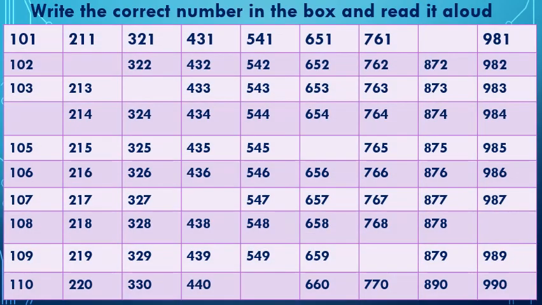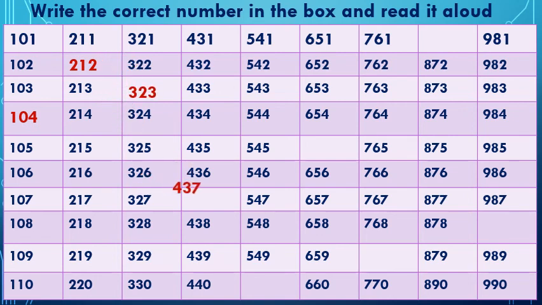Now see this. You have to write the missing numbers here also, and you have to read them aloud. See here 103, after that 104 comes, 211, then 212, 322, then 323.